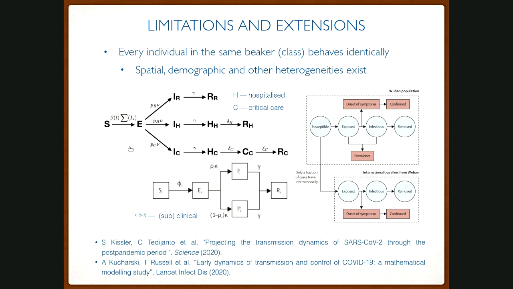So for example, in this model here, what they've done is they've added on more species. They've accounted for hospitalizations or for critical care. In this model here, they're using the SEIR, but what they have is a potential for travel. So they're accounting for geography.